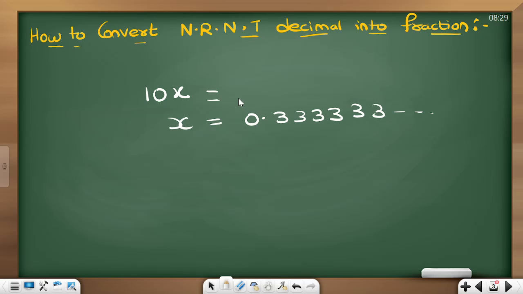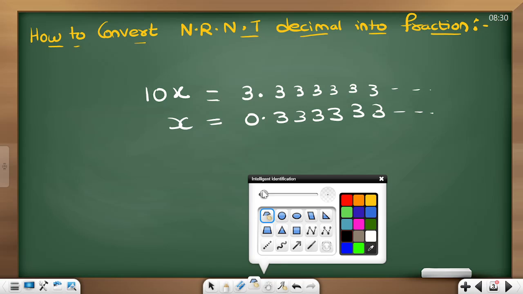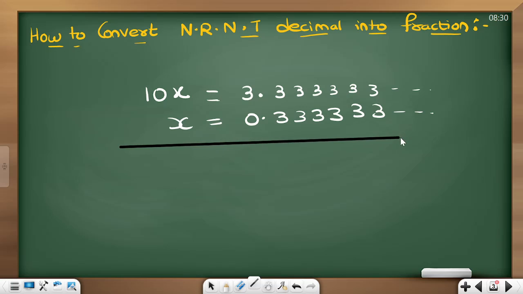On this side, since I am multiplying by 10, the decimal will go one point ahead: 3.333333 and so on, right? So now we can easily subtract them. See carefully why I am doing this. Now do the subtraction. 10x minus x is 9x.